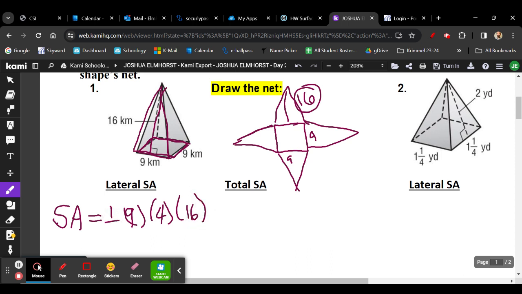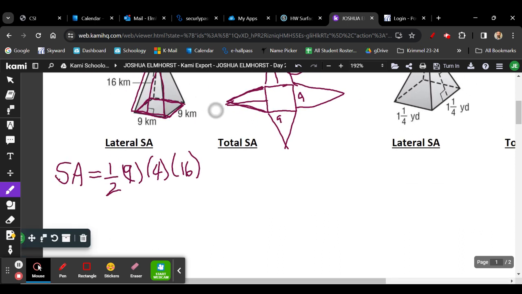And because they are a triangle, we are going to divide that by 2. So it looks like we could do half of 16, and then 9 times 4. 9 times 4 is going to be 36, and then 16 divided by 2 is going to be 8.